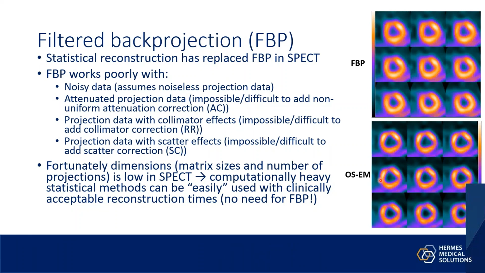As many of you know, filtered back projection used to be the reconstruction method of choice maybe 10 or 15 years ago, but it has now been pretty much completely replaced by statistical reconstruction methods in SPECT and in PET. The reason for this is that FBP works quite poorly with noisy data because it assumes that the projection data is noiseless, which is not really the case in SPECT, where we have a lot of noise in our projection measurements.